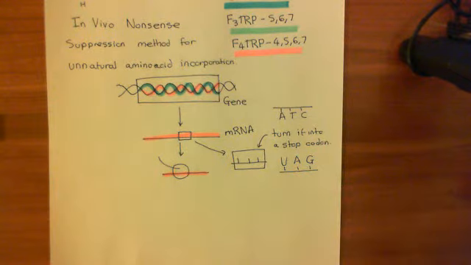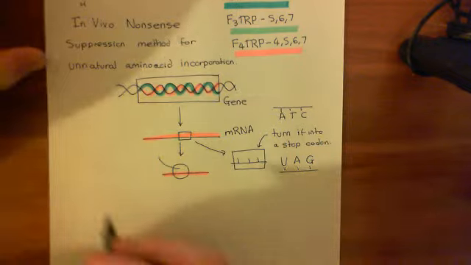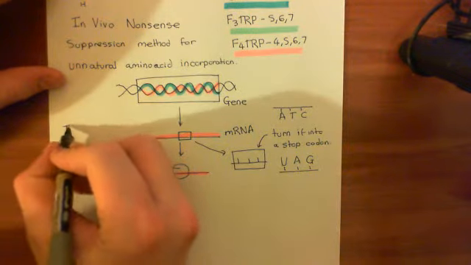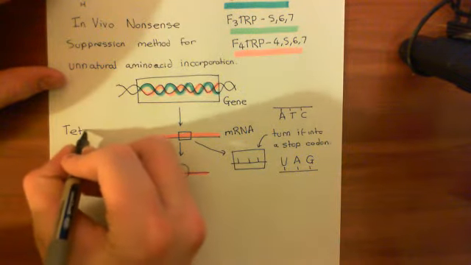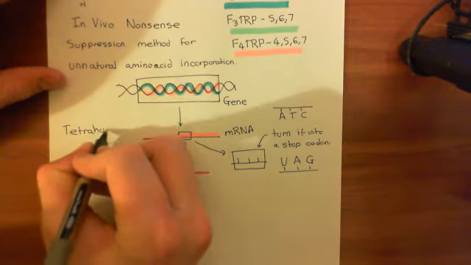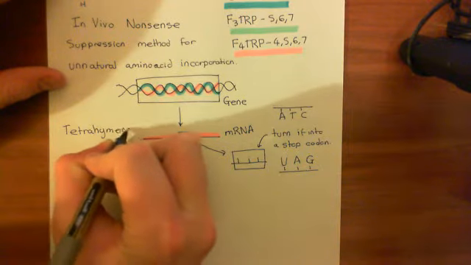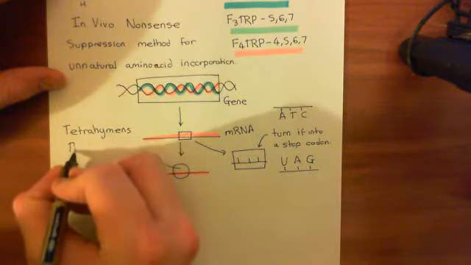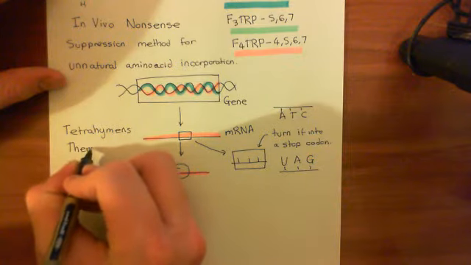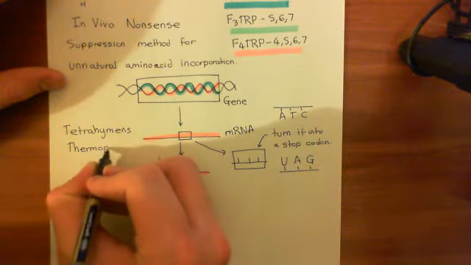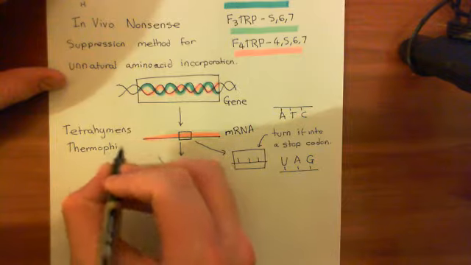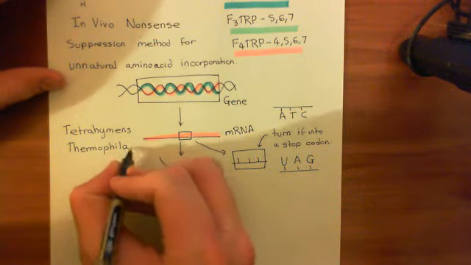Now, this doesn't look at all helpful, except that there exists a species in the world known as Tetrahymena. Okay, so Tetrahymena thermophila, and this species does not use the UAG codon as a stop codon.